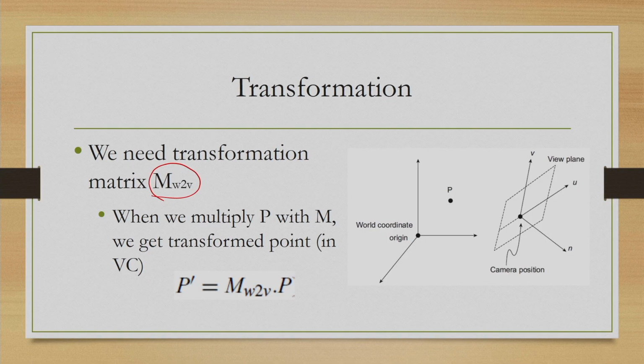Again, if you recollect our discussion from the lectures on modeling transformation, we multiply the point with the transformation matrix to get the transformed point. So, this is the transformed point which we will get by multiplying the original point with the transformation matrix.